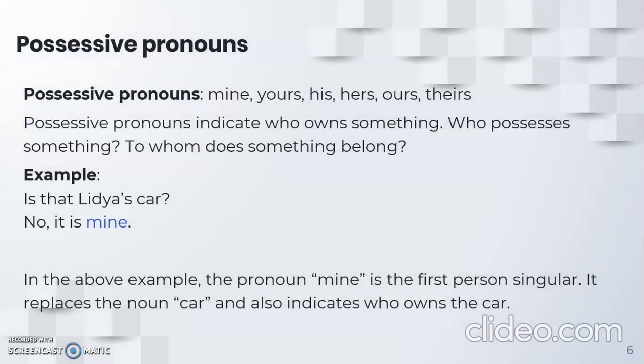The next is possessive pronouns, such as mine, yours, his, hers, ours, theirs. Possessive pronouns indicate who owns something, or to whom something belongs. Example: Is that Lydia's car? No, it is mine. From this sentence, there are two pronouns.